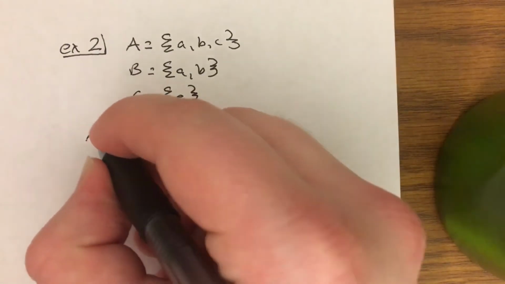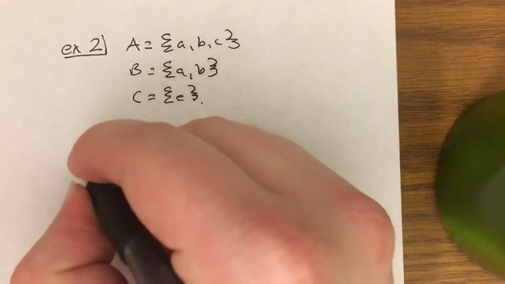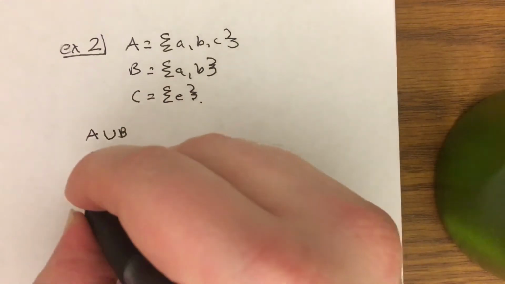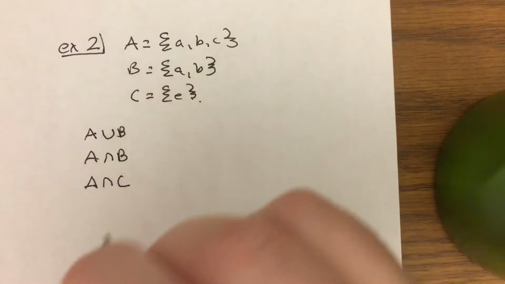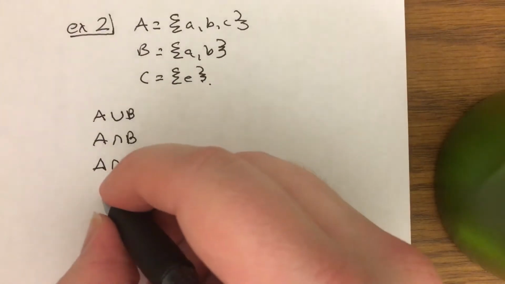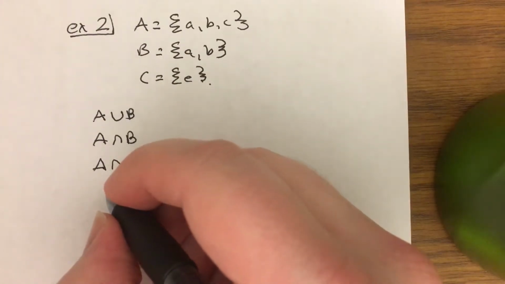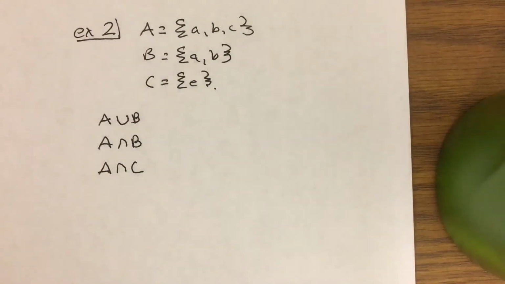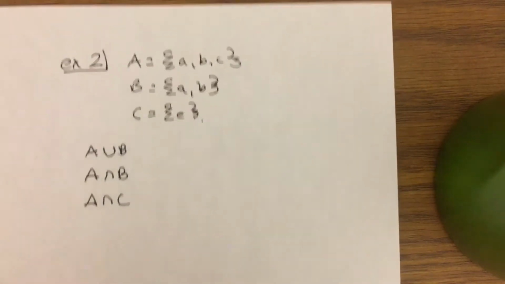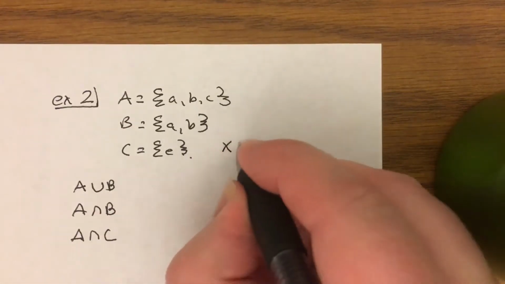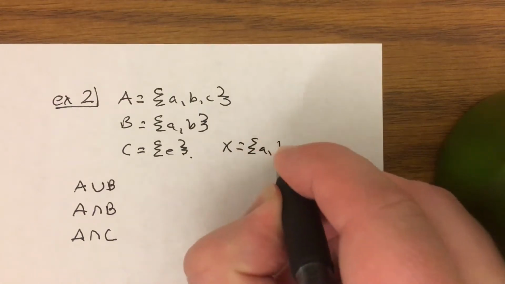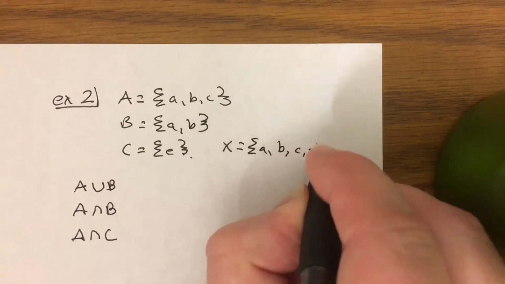Let's do some A union B, A intersect B, A union C. I think that's all we're going to do. And for this sake, we could define X, the whole set, to be A, B, C, D, E.